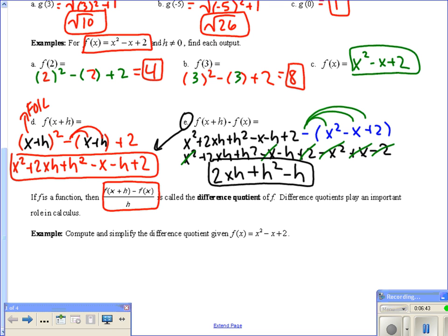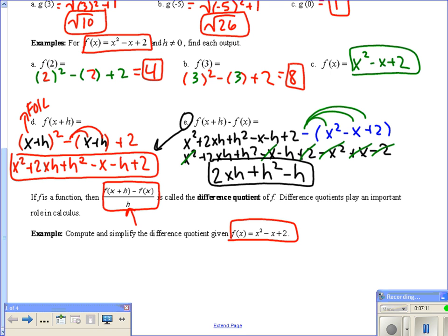So for this, in order to be able to use the difference quotient, you have to be given the rule for the function first. So this was what we were using. Now, basically, I'm taking this rule and I'm going to be computing f of x plus h minus f of x over h. So notice that anywhere I have an f in parentheses, that's stuff you're plugging into your function.